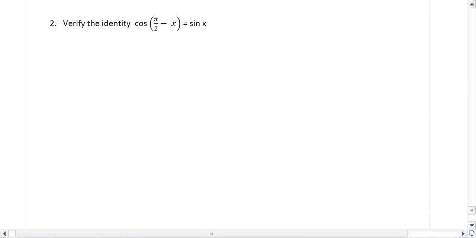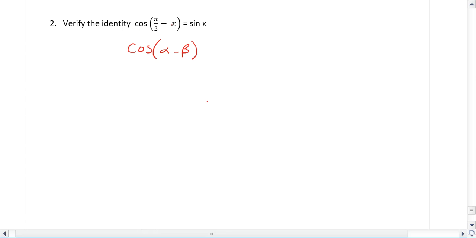Some new things now come into play with verifying these identities: now we have some actual angles and we can substitute in these values. I hope when you look at this, you see that this is a difference identity. This is the cosine of alpha minus beta. So we need to take this pi over 2 and put it in for alpha.